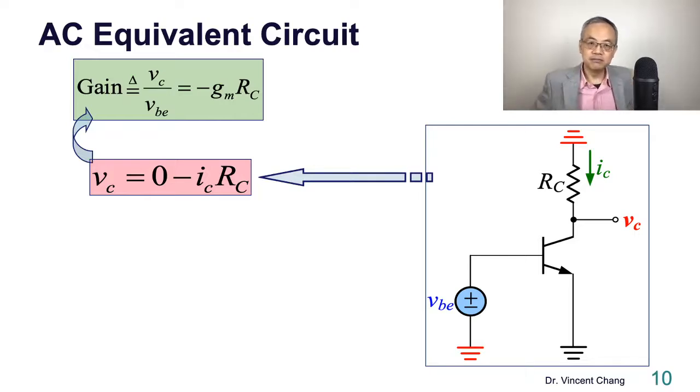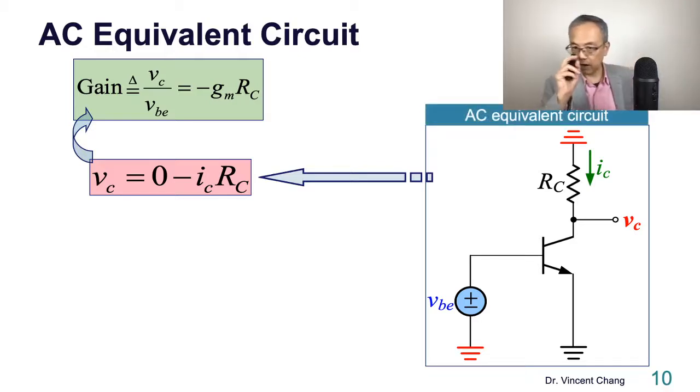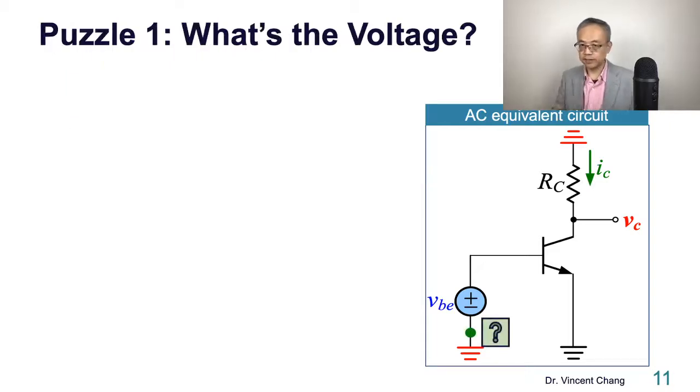Bingo! So what have you learned? This is called the AC equivalent circuit. The one on your right is called the AC equivalent circuit.